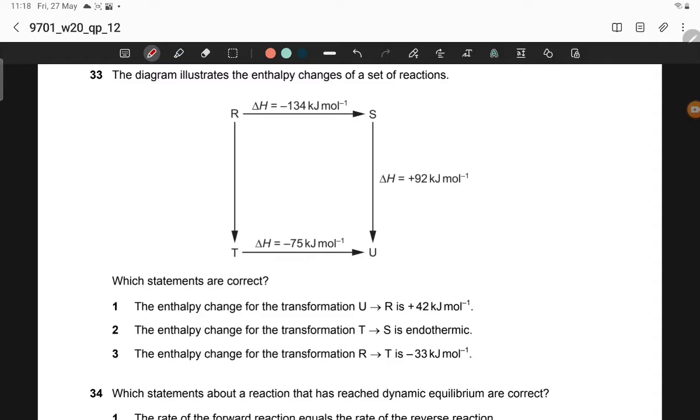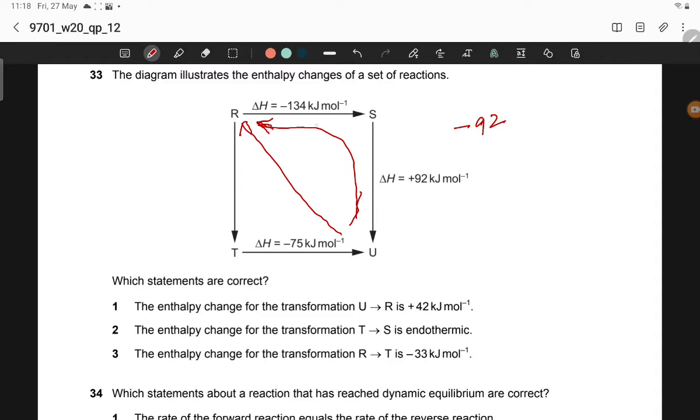U to R. This arrow is opposite, so the sign is reversed, minus 92.